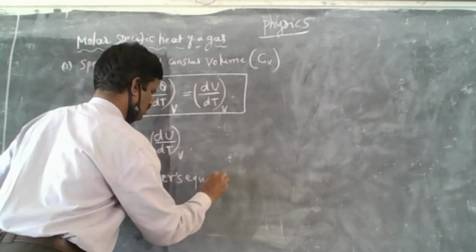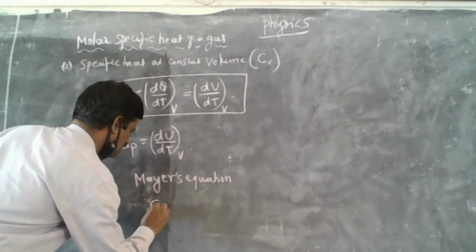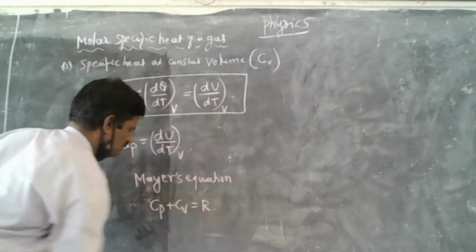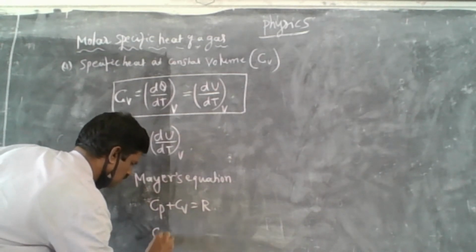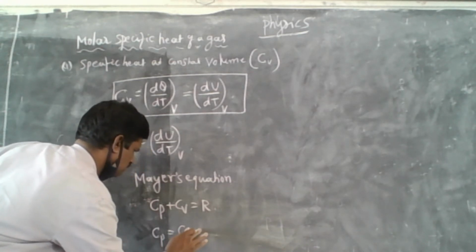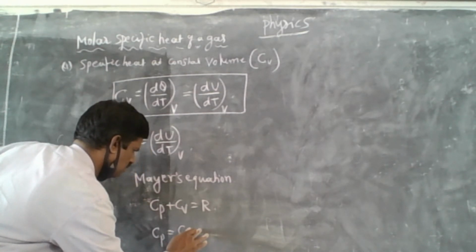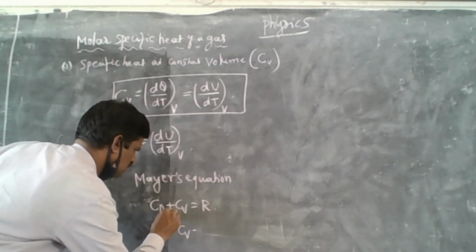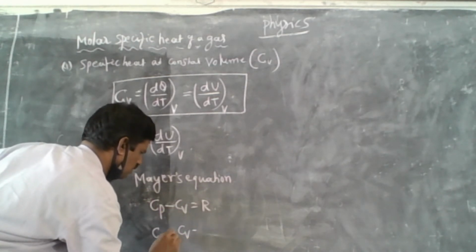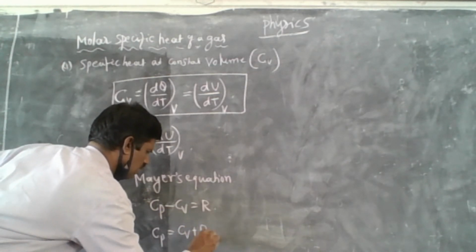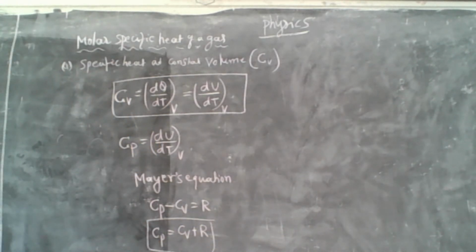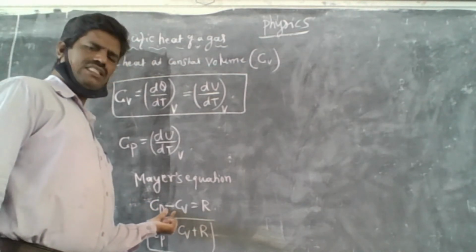According to Mayer's equation, Cp minus Cv is equal to R, or Cp is equal to Cv plus R. So this is known as Mayer's equation.